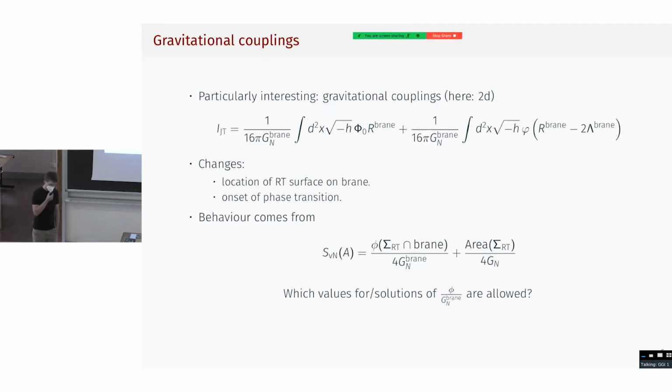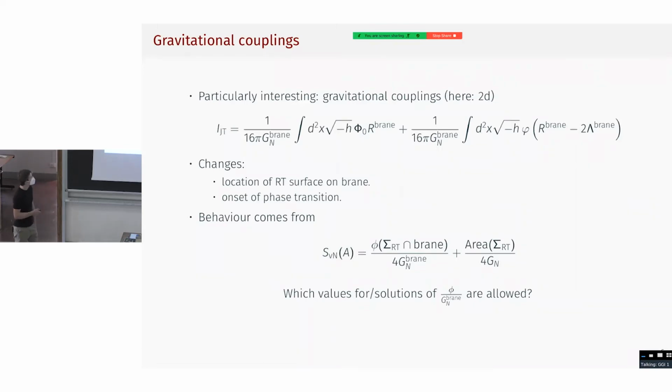In particular, I will focus on the case of a 3-dimensional bulk, and so a 2-dimensional brane. And I will focus on adding additional gravitational dynamics localized to the brane. In my case, it will be JT gravity.